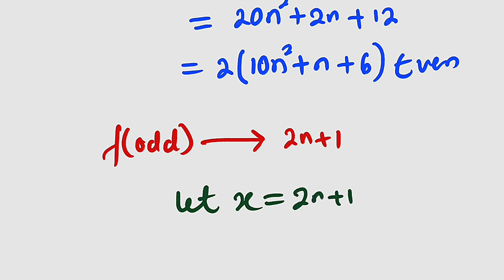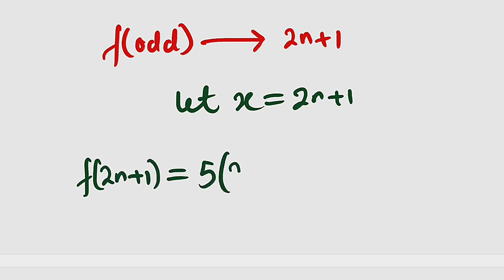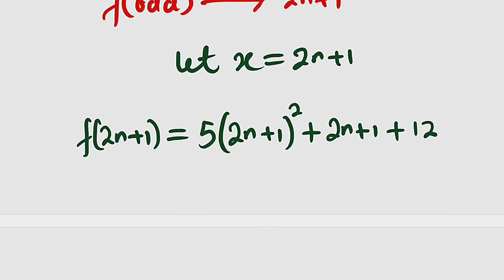We want to find out whether, if we substitute this into our given expression, we are going to get an even number or not. So we have f of 2n plus 1 equal to 5 multiplied by 2n plus 1 all squared, plus 2n plus 1, then plus 12. Let us simplify this.